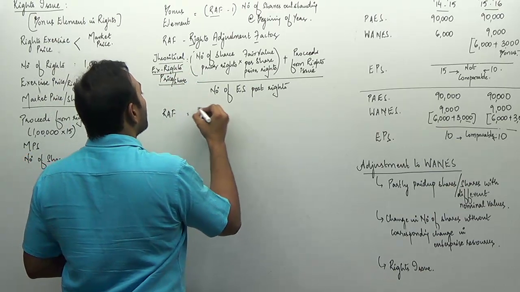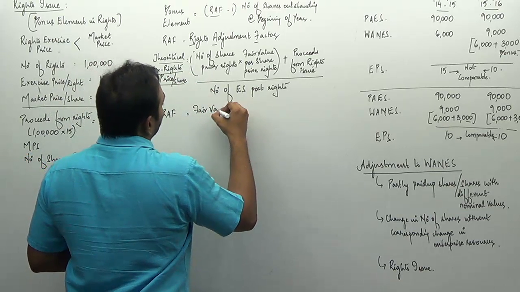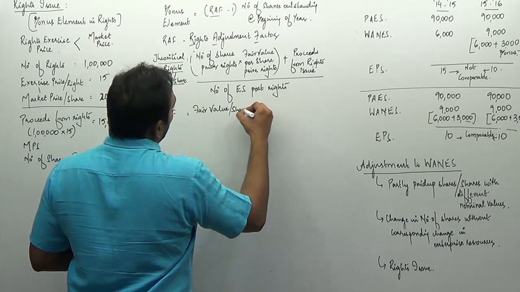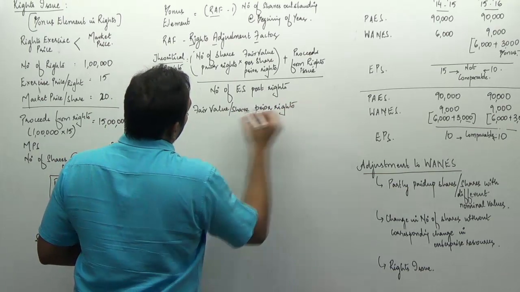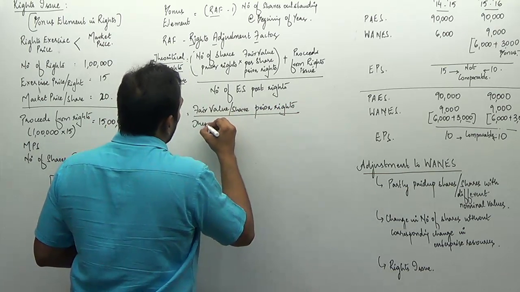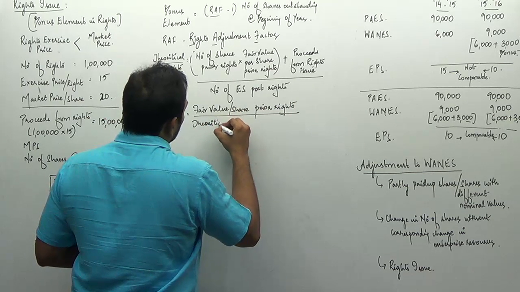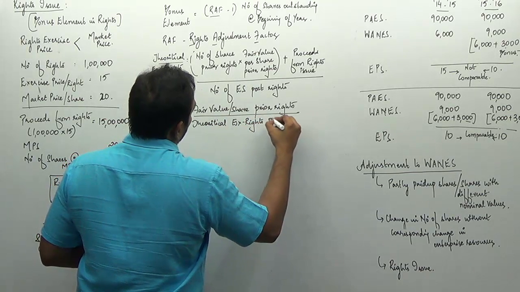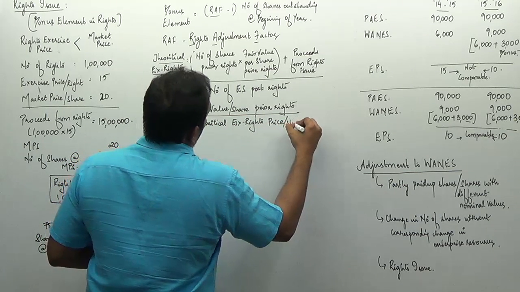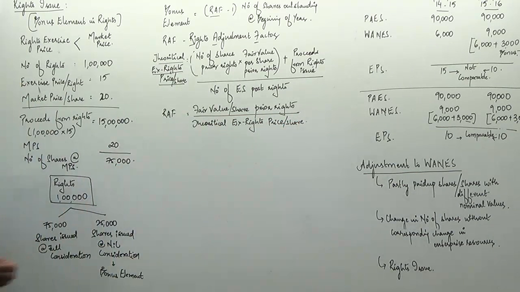RAF is equal to fair value per share prior rights divided by theoretical ex-rights price. Just check both the formulas, guys. One is RAF, one is theoretical ex-rights price. You need both for computation of your bonus element in rights issue.